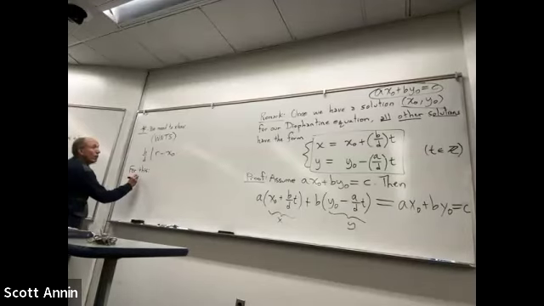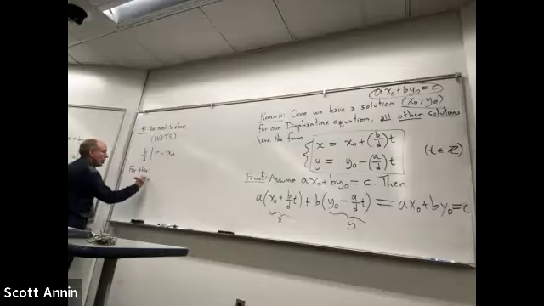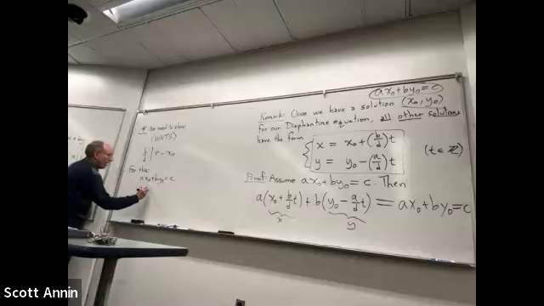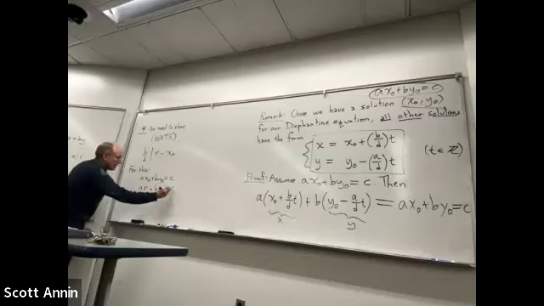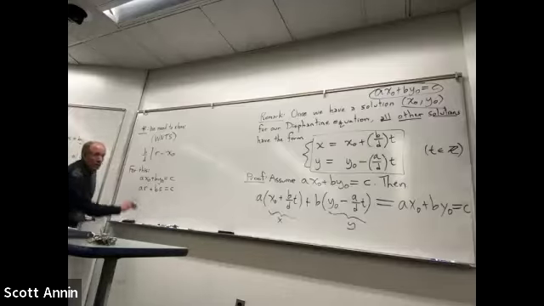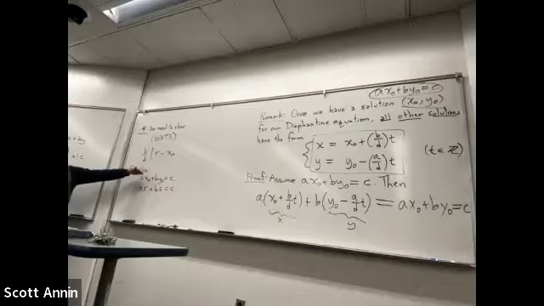Well, guys, we already know that AX naught plus BY naught is equal to C. And we also know that AR plus BS is equal to C. Those are both true because we have two solutions. We have X naught, Y naught, and we also have R and S. What I'm going to do now, guys, is subtract these two equations. To make it look more like what I have over there, I'll take the bottom one minus the top one.